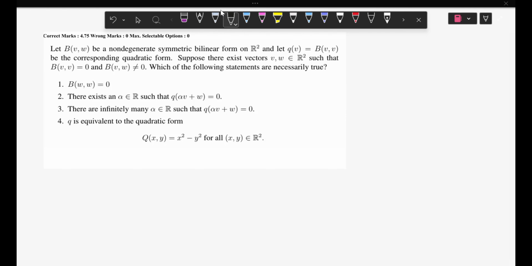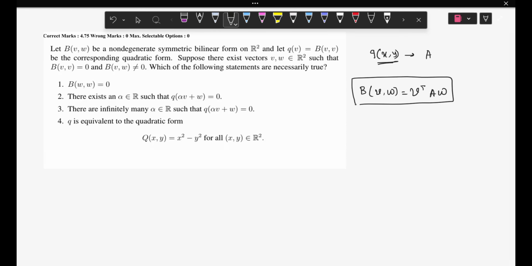Now, first, I'm just stating a few results related to the quadratic form, the non-degenerate symmetric bilinear form, and its associated quadratic form. If Q of x, y is the quadratic form and its associated matrix is A, then B of V, W is nothing but V transpose A W, where A is the associated matrix of Q. Now, first, let's talk about option 1.